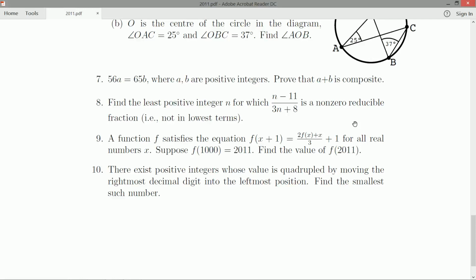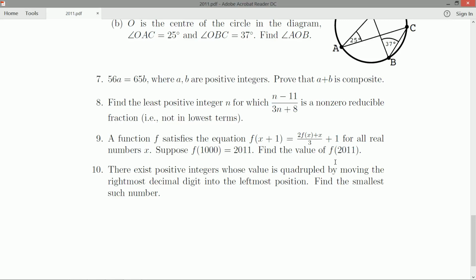So, the only piece of information I really have is how to go from one value of the function to the next value. And they're giving me f of 1000. I'd have to do 1011 sort of jumps to better understand this. That's interesting.